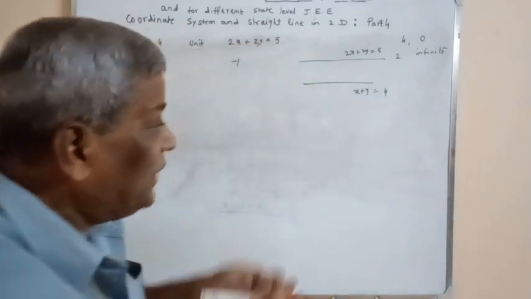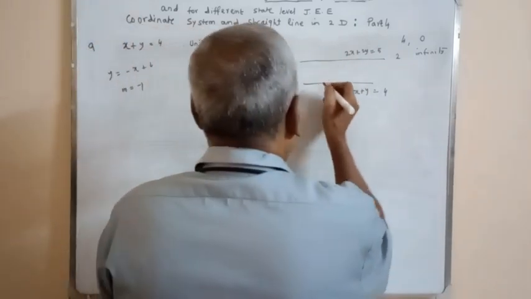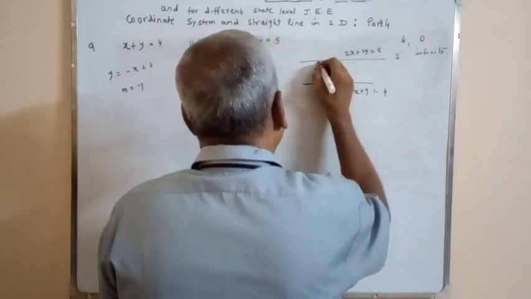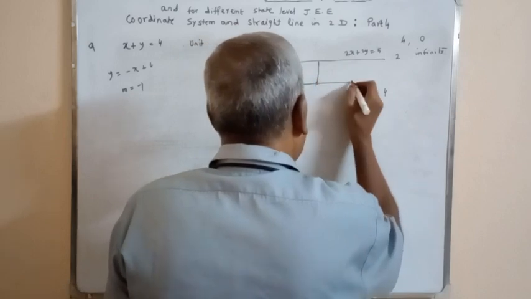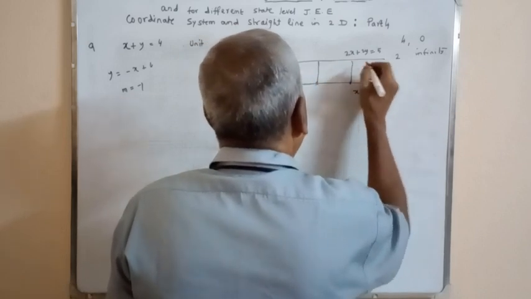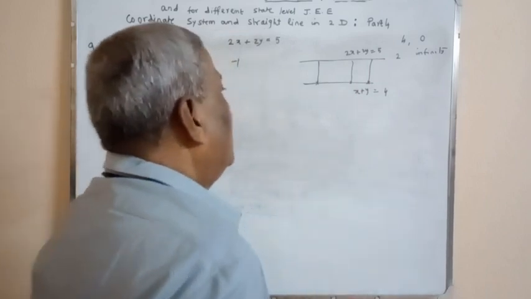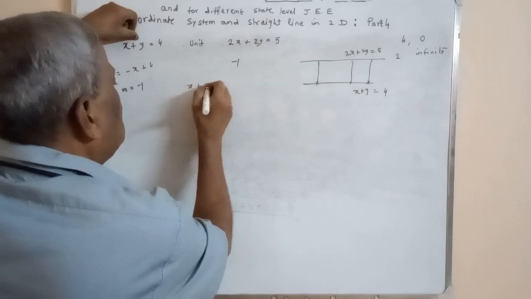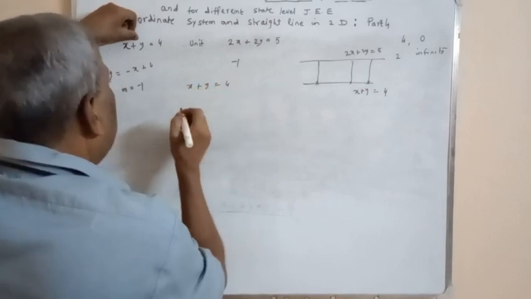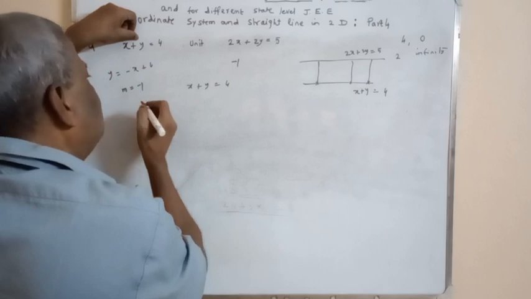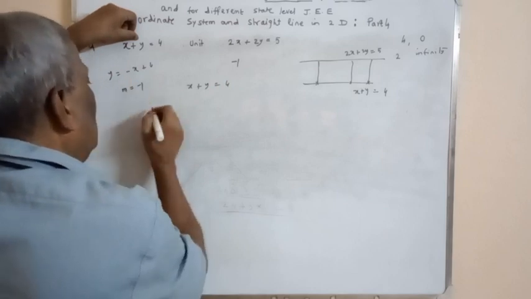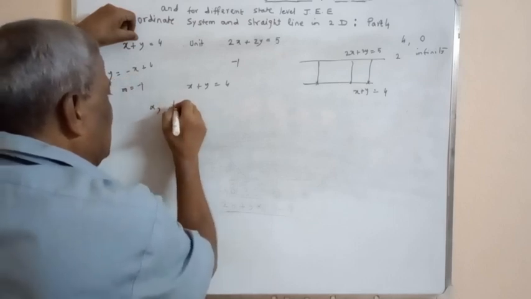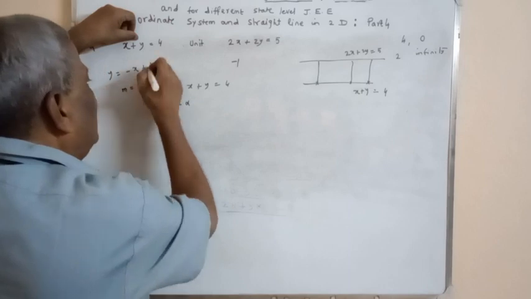Now, because they are parallel, taking any point on that, perpendicular distance on that straight line will be same for any points on that. Now, any point on that straight line x plus y is equal to 4 is, say, taking x is equal to alpha, so y is equal to minus alpha plus 4, that is 4 minus alpha.